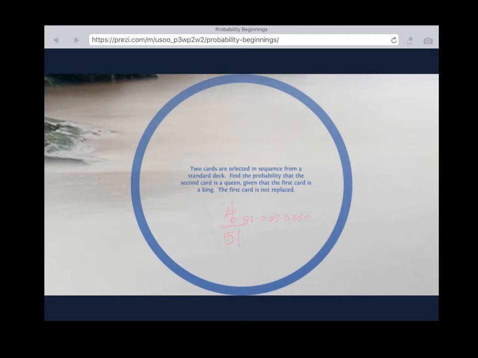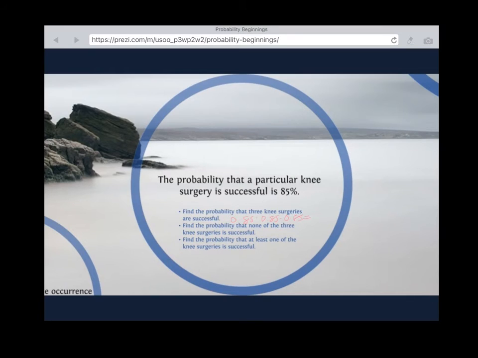So find the probability that none of the 3 knee surgeries are successful. Then that would mean that we would do the opposite. So if none of them are successful, then I would have all of the other portions. So first I would take the percent that's not successful out of 100.